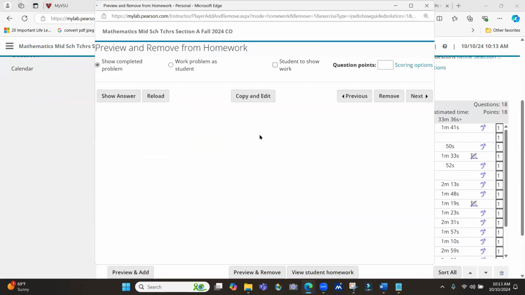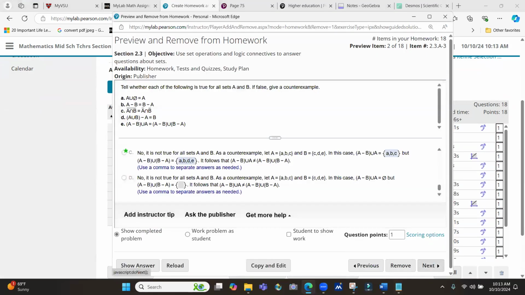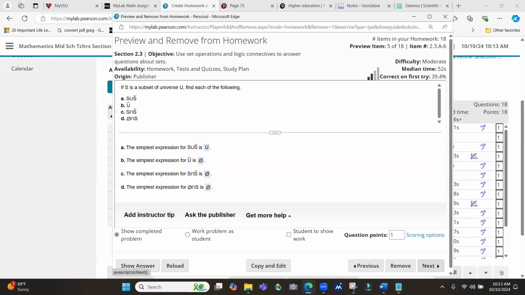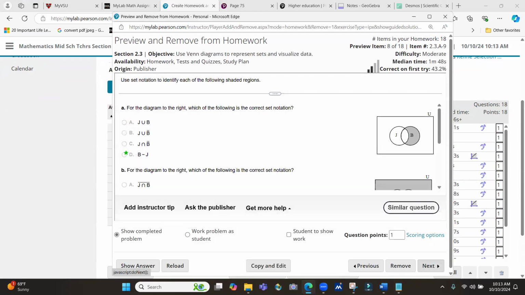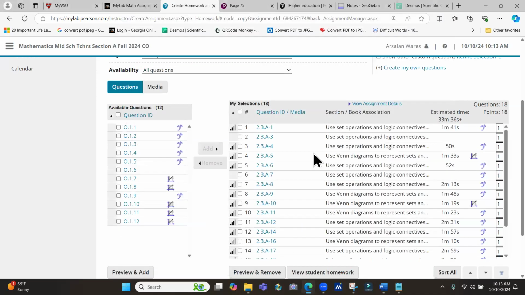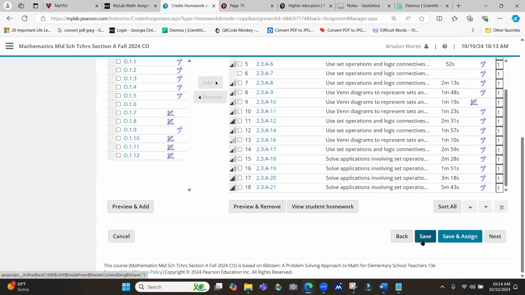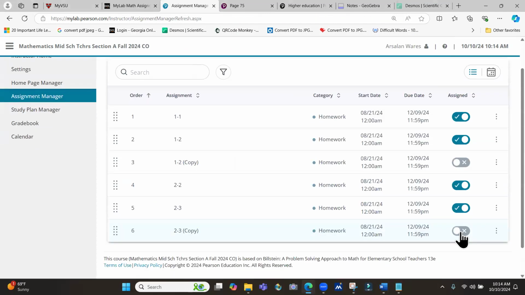Let's see. Which one is the Venn diagram problem, the blood group problem, not this one. I'll be happy to do some of these if you want me to. We have done these in class from our text, but they're really very, very similar. I want to look at the blood group problem. Oh, this is not the right section, my bad. This is the one I'm looking for. Copy.